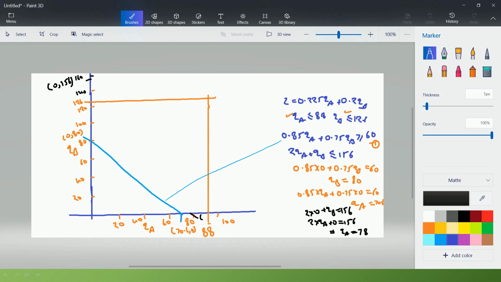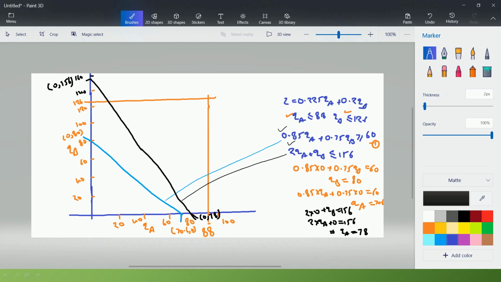So this will be 78, 0. Now let me just draw the straight line. This is not straight, but when you use a scale it will be straight. Okay. So this equation is this. We have drawn this equation and we have drawn this equation.